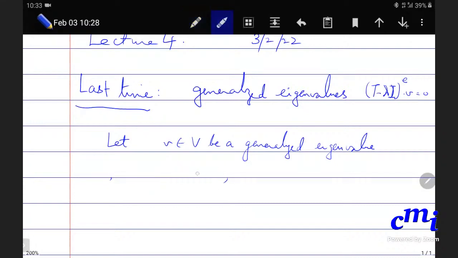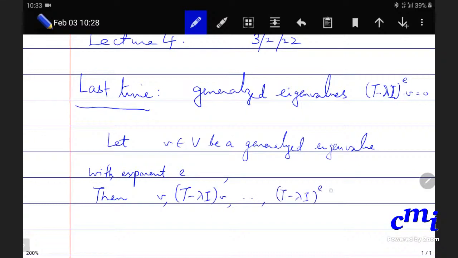So we look at v, (T minus lambda I) v, and so on, up to (T minus lambda I) to the E minus 1 times v. So these are E vectors, and what we proved is that this is linearly independent.